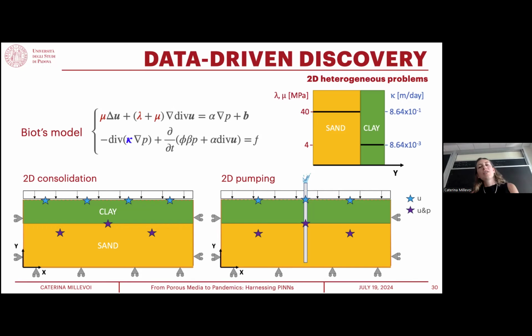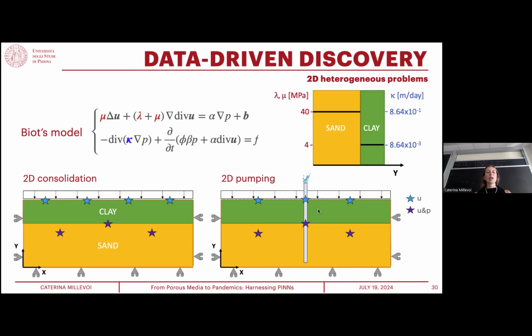Okay. Now I move to a more complex case, and this is still an open problem for us because we move to a heterogeneous setting. Same as before, but now the domain is not completely made of sand, but we have two different layers. We are supposed to know the spatial distribution of the different materials, but not the nature of the materials, so the parameters that define the two materials.